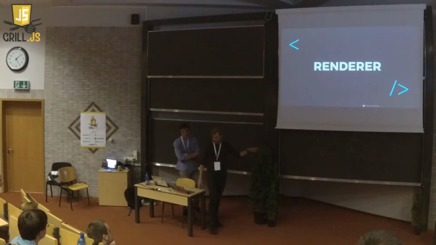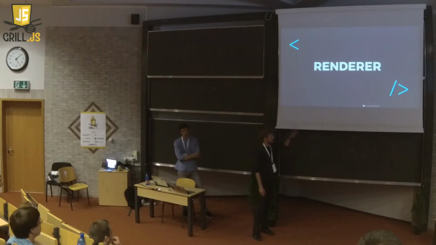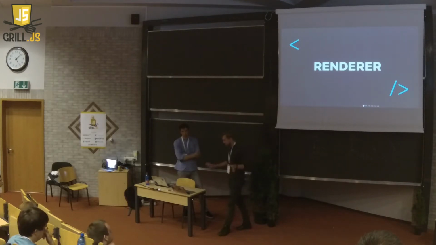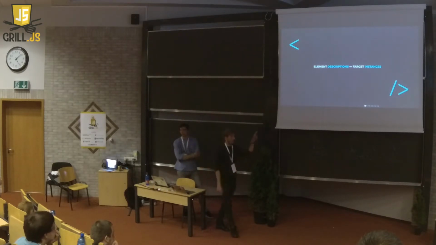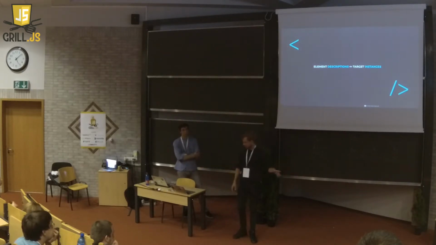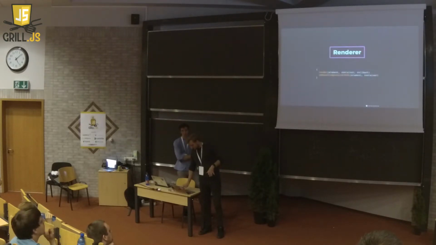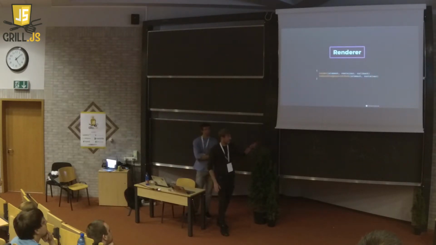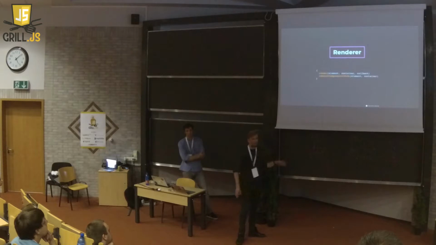So actually, now it's time to go to the renderer. We don't have much time, so we will just go roughly through it. The renderer itself turns element descriptions into the target instances. And how the renderer looks like, sorry, yeah, here. In real life, it's a way more complex API, but here, to make a renderer work, we just need to implement the render method.